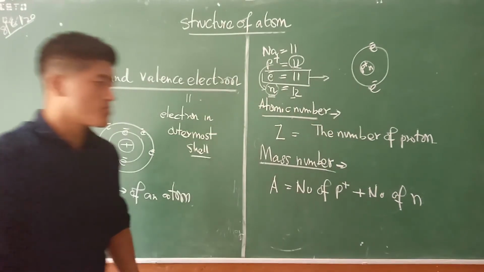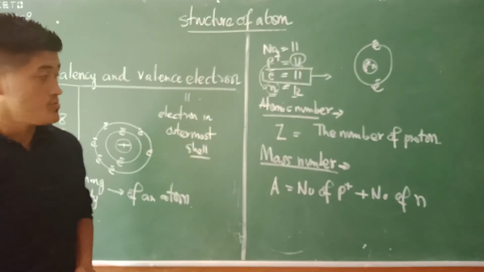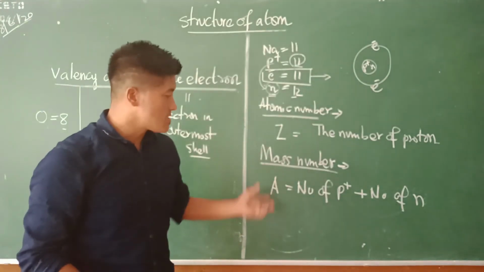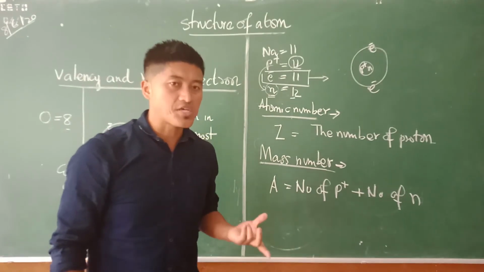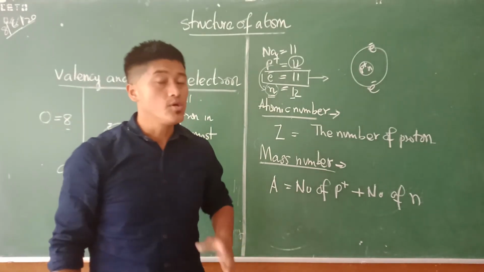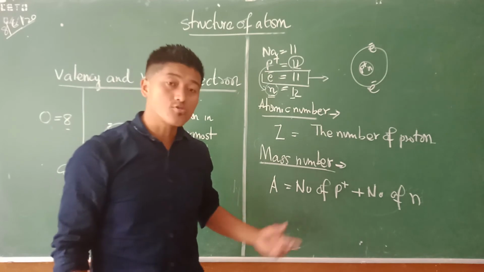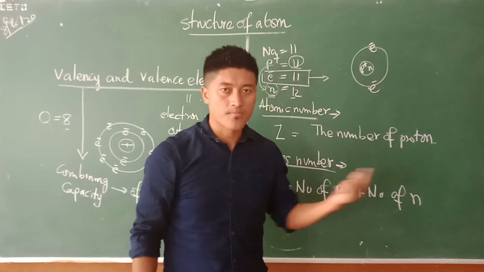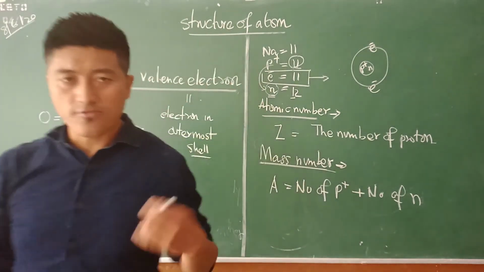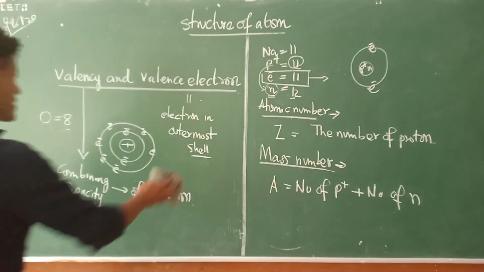Is that clear? Number of protons plus number of neutrons. This is what we call mass number. The number of protons will not change at all. It is always equal to the atomic number itself. But the number of neutrons keeps on changing. Is that clear? Okay, so with this concept, we are going to move forward with another topic.